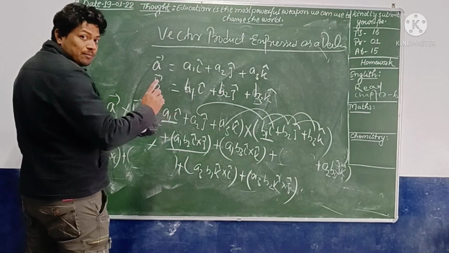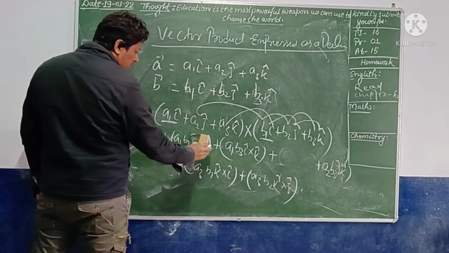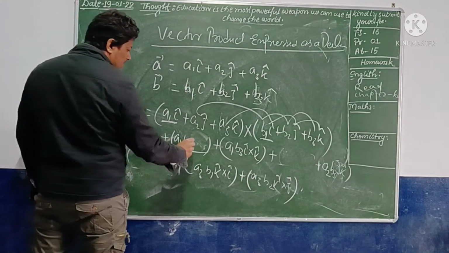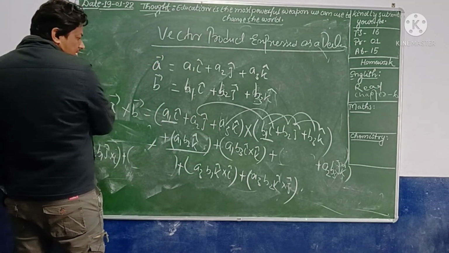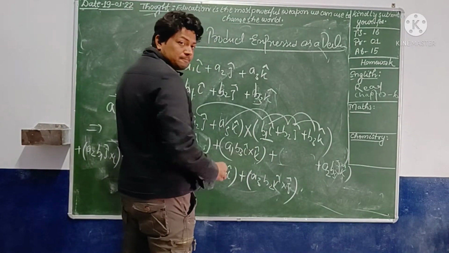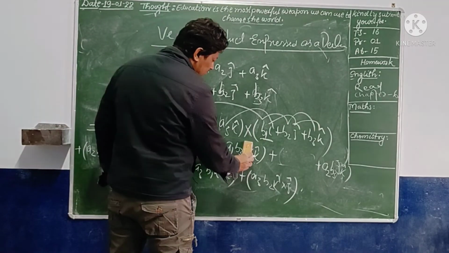A1 B1 K cap. May I write K cap? I K minus J cap.